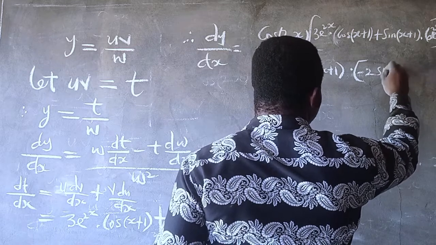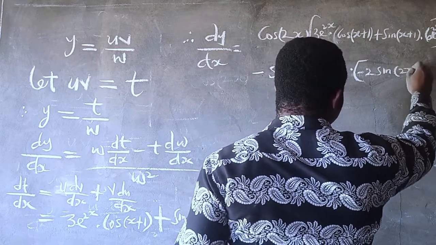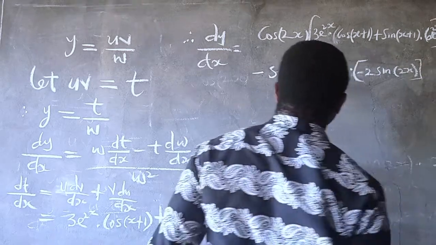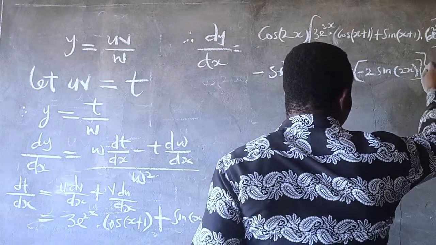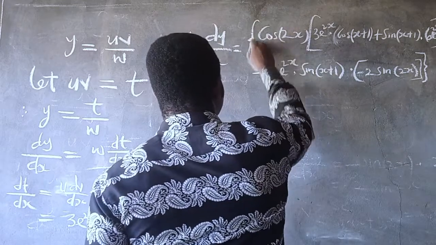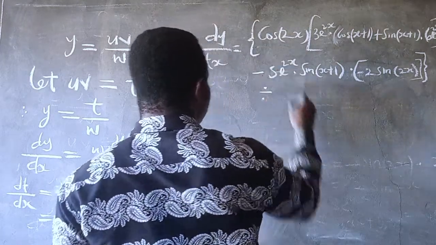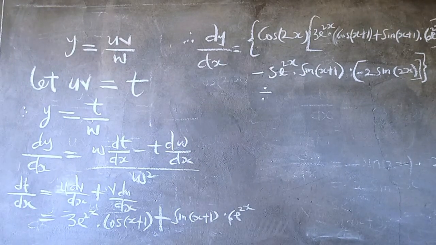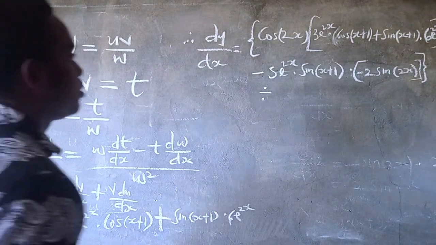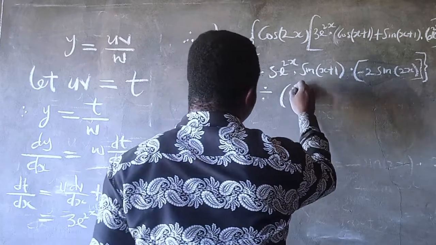If you keep the note that we wrote earlier on, you can check from the note. So all of this, the whole thing, all over, that's divided by w squared. And what is w squared?